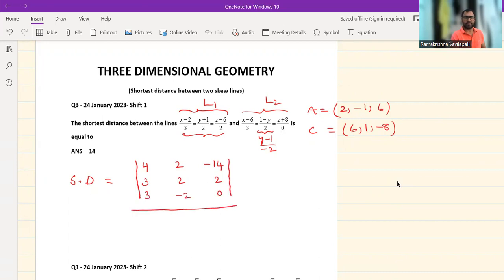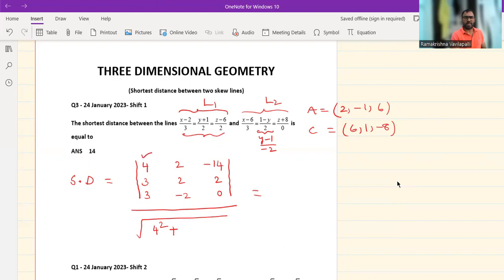Divided by root over. Okay. See here, we can write at a time. What is cofactor of 4? In fact, 2 into 0, 0 minus of minus 2 into 2, plus 4. So here this is 4 square plus cofactor of 2.